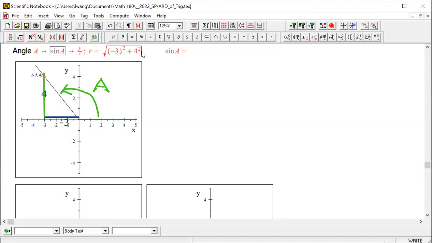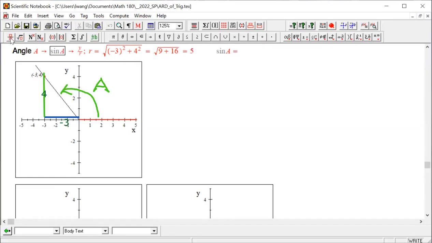So once again, -3 squared is going to be what? It's 9. So 9 plus 16. -3 times -3 is positive. So that's going to be the square root of 25. Square root of 25 is 5.